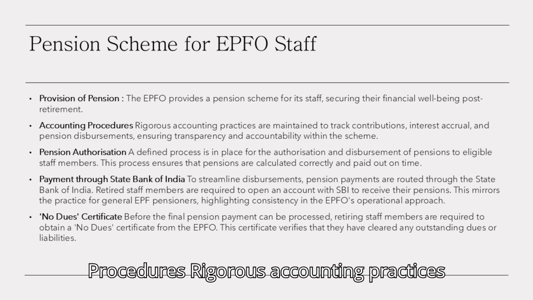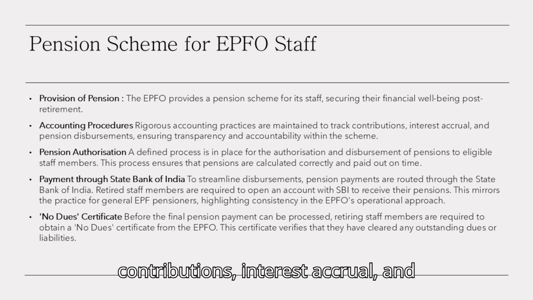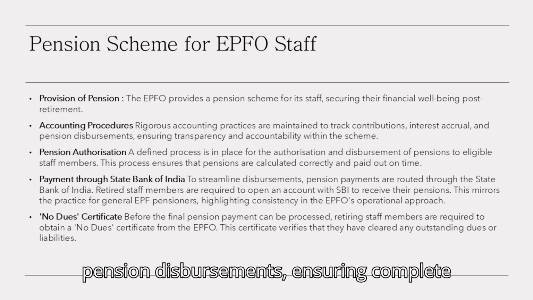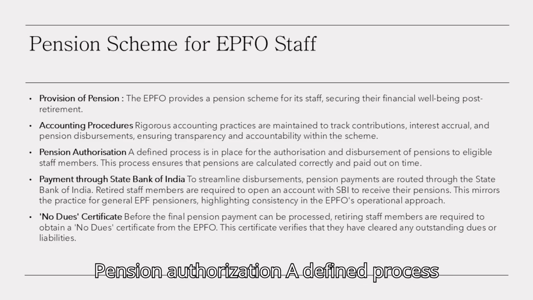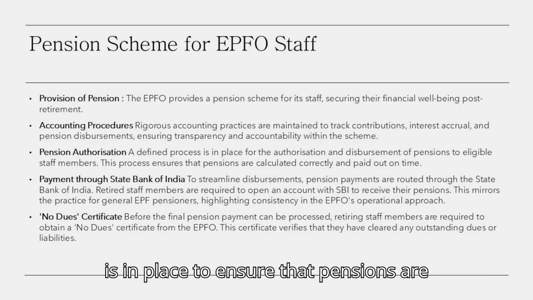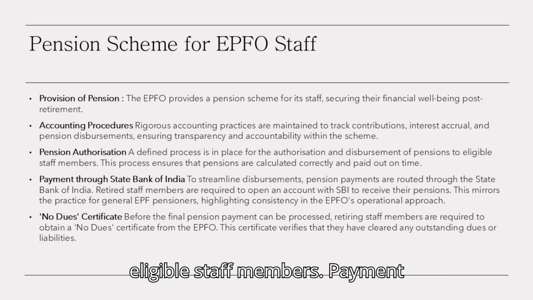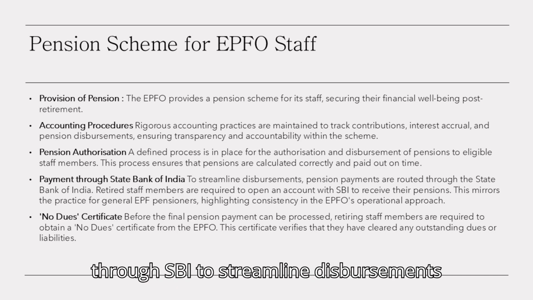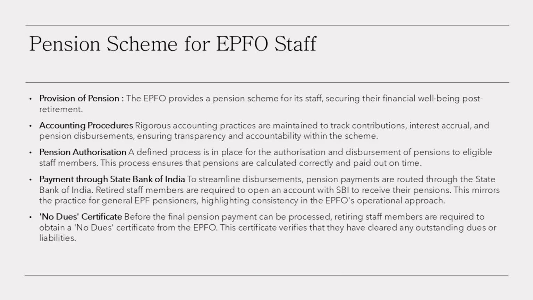Accounting procedures. Rigorous accounting practices are followed to meticulously track contributions, interest accrual, and pension disbursements, ensuring complete transparency and accountability. Pension authorization. A defined process is in place to ensure that pensions are accurately calculated and paid on time to eligible staff members. Payment through SBI. To streamline disbursements, pension payments are made through State Bank of India, SBI.